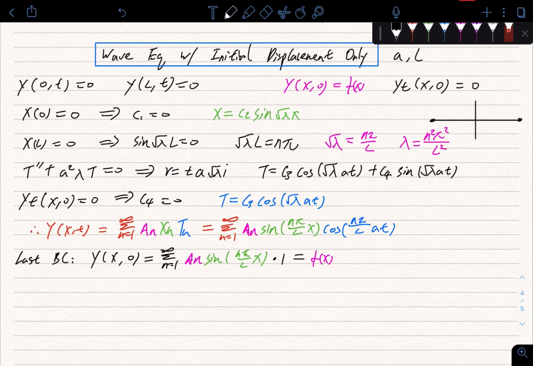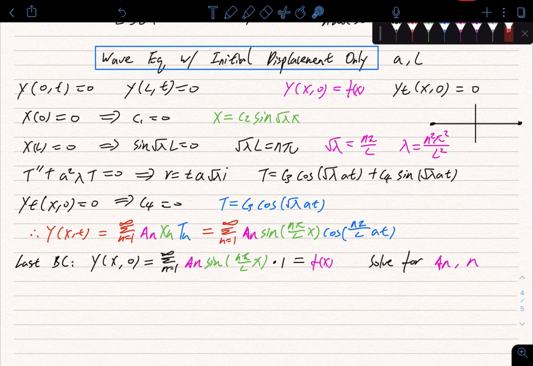And then we're just going to solve for a_n and b_n, and then plug them into our expression that we derived right here. And this is how you solve the wave equation with initial displacement only.